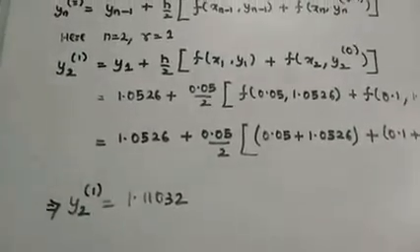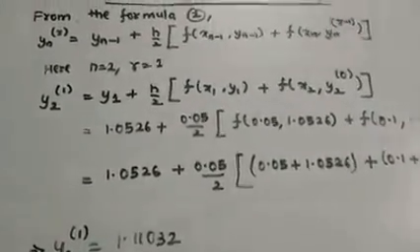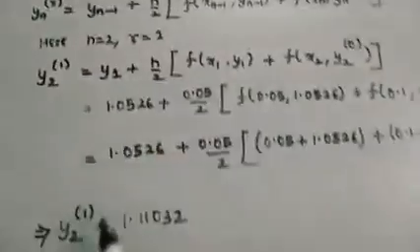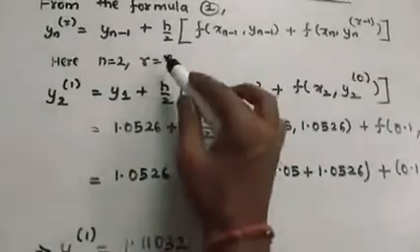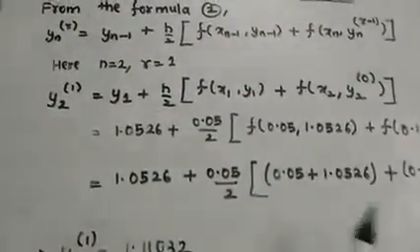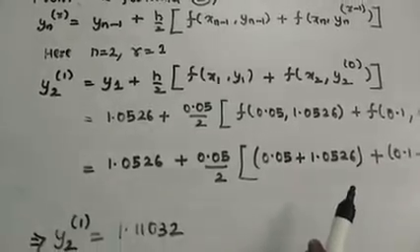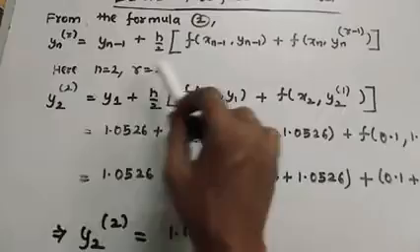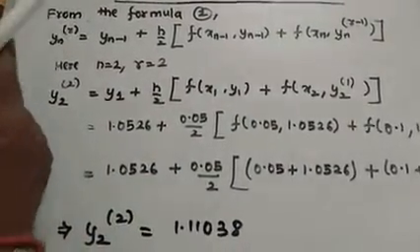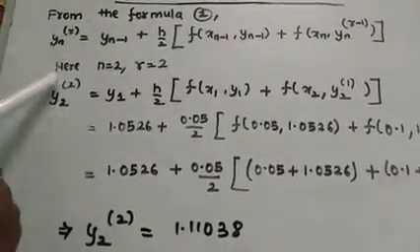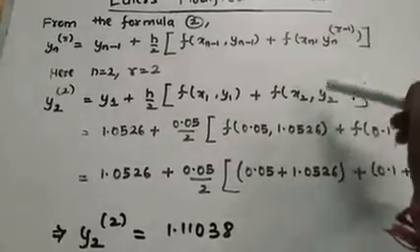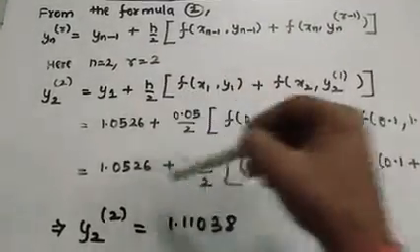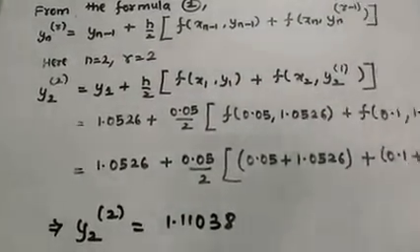Okay, so now we have to find the second stage. In place of n, 2 will remain because we are finding for y2 only, but r will change to 2. So in place of r we are going to put 2. That means there will be 2 changes: here 2 and here 2 minus 1, y2 of 1. All the rest of the things will be the same as the preceding one.